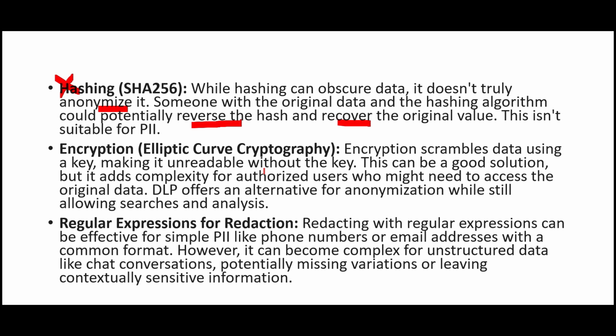So the problem happens, like you are an authorized user. Suppose in your job capacity, it is your responsibility to have access to social security number, for example. Now, even for you to access it, you will need that key. So it becomes a bit complex and cumbersome. Okay. So that is why this may not be a very good option.